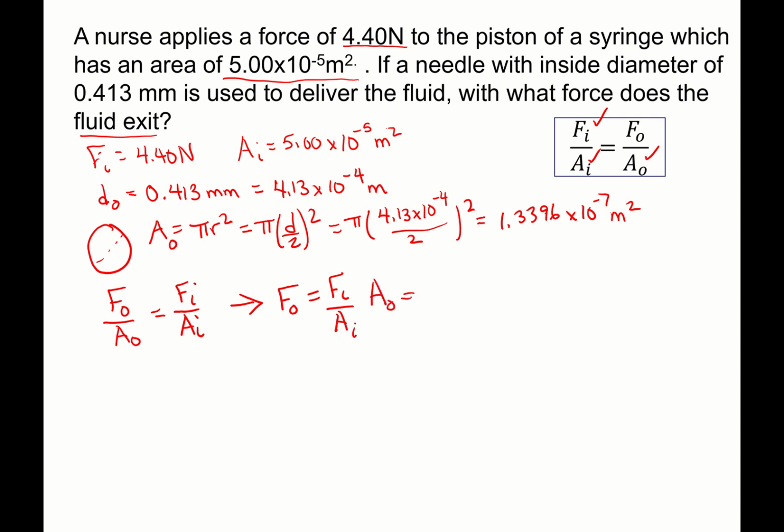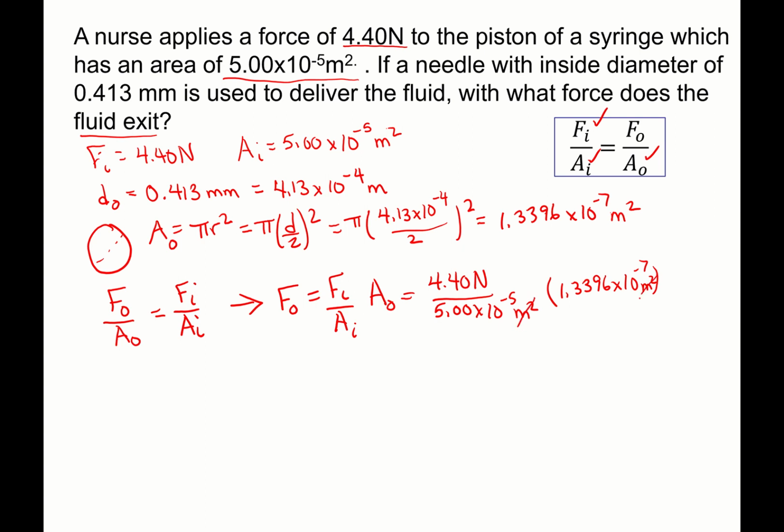And I know all those numbers, so now I just plug them in. So 4.40 newtons. Area on the input is 5.00 times 10 to the negative 5 meters squared. Area on the output is my small number, 1.3396 times 10 to the minus 7 meters squared.